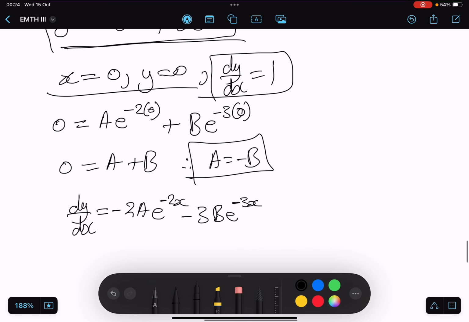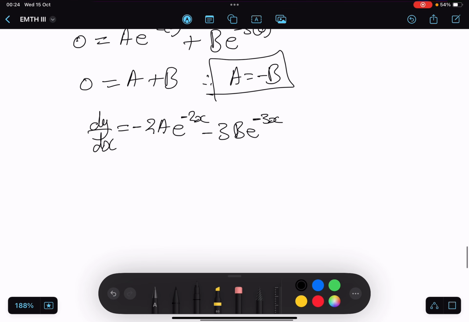From here we apply the boundary condition dy/dx = 1, which gives 1 = -2a e^(-2·0) - 3b e^(-3·0).